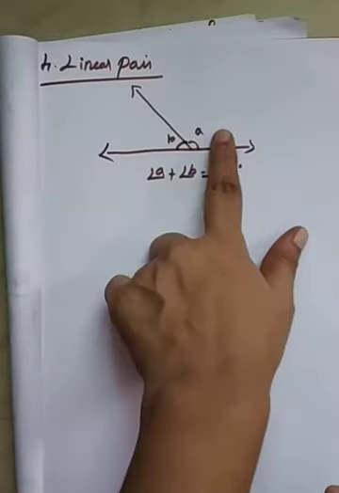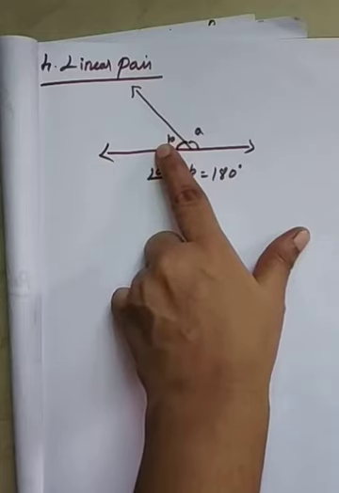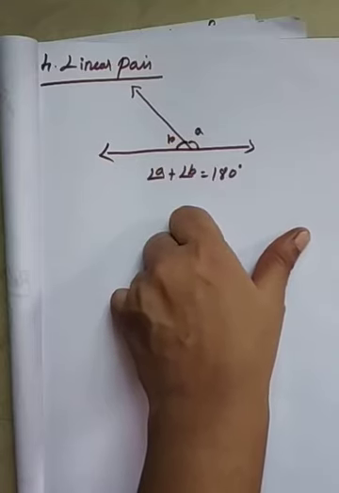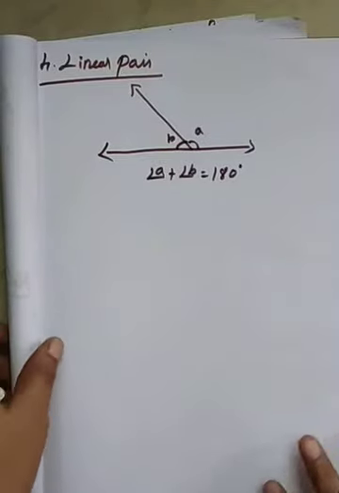Angle A and angle B are adjacent as well as supplementary. They are said to form a linear pair. So, linear pair is a pair of adjacent angles which are supplementary. That is the proper definition.